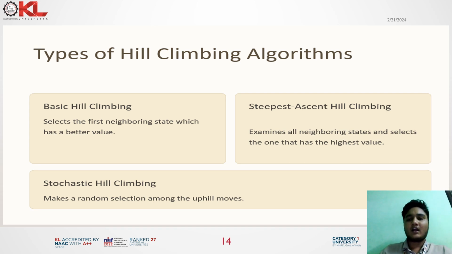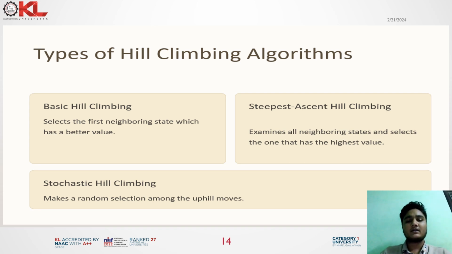The basic hill climbing algorithm selects the first neighborhood state which has a better value. That is called basic hill climbing.